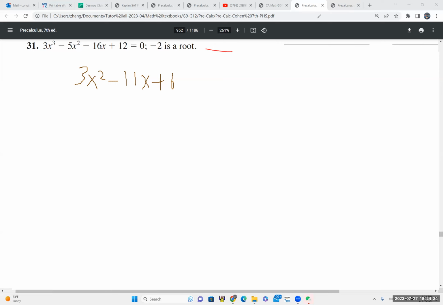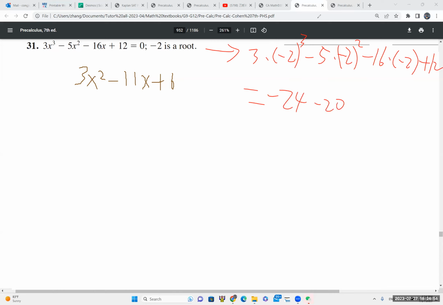Let me check it. So it's 3 times -2 cubed minus 5 times -2 squared minus 4 times 12... equal to 0. So true.